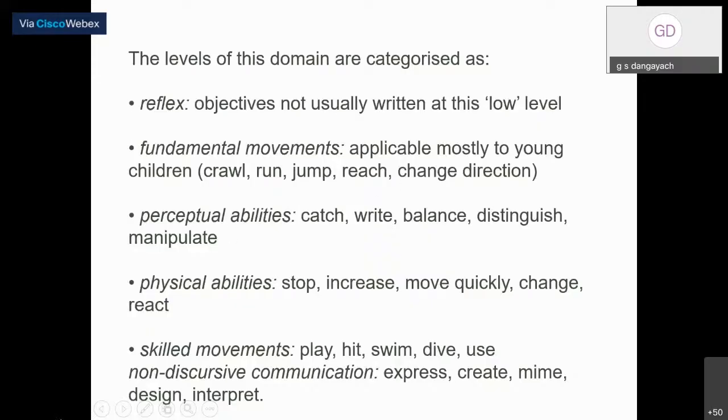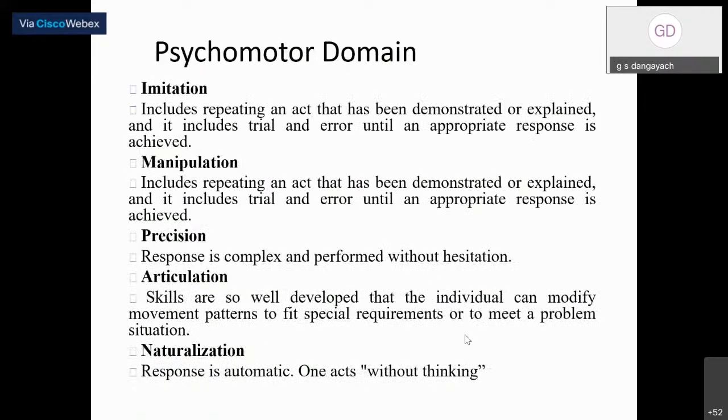Perceptual abilities: catch, write, balance, distinguish, manipulate. Physical abilities: stop, increase, move quickly, change, react. Skilled movements: play, hit, swim, dive, use. Non-discursive communication: express, create, mime, design, interpret.